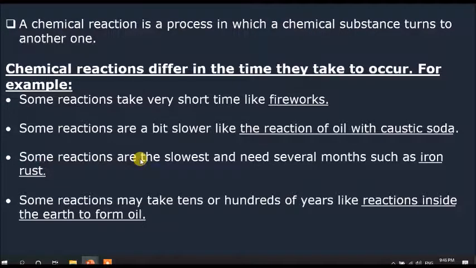Some other reactions are the slowest and need several months to occur, such as iron rust. And some reactions may take tens or hundreds of years, like the formation of petroleum oil inside the earth. So now we can say that not all chemical reactions take the same time.